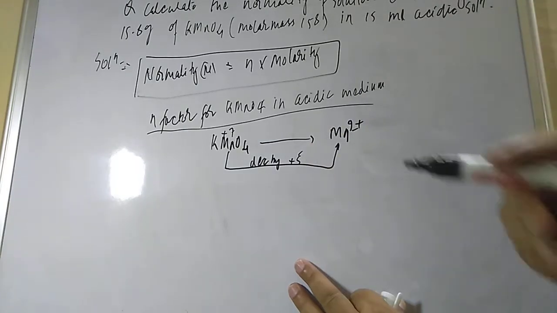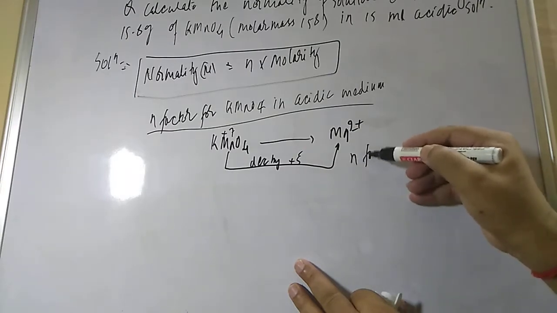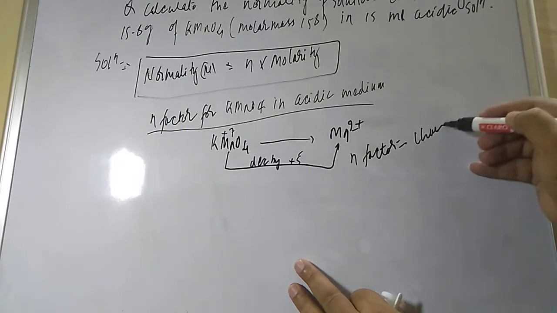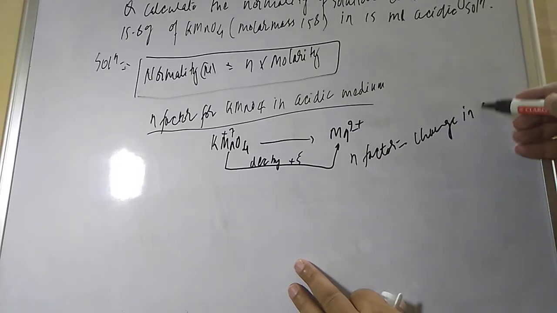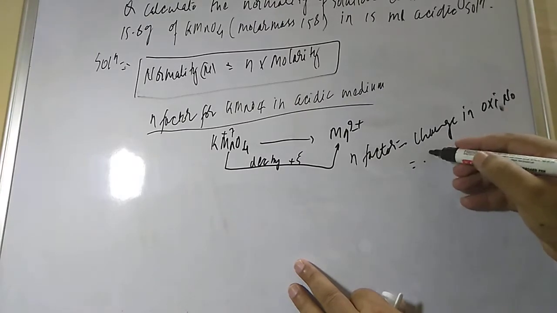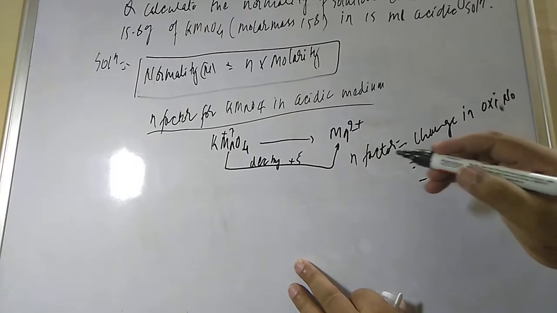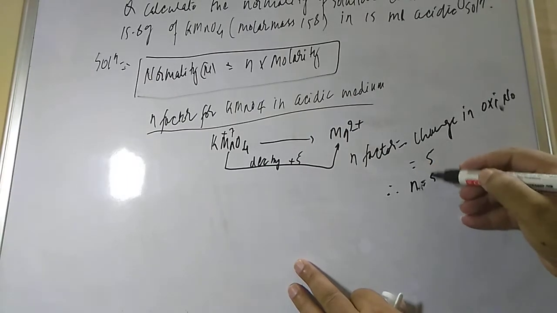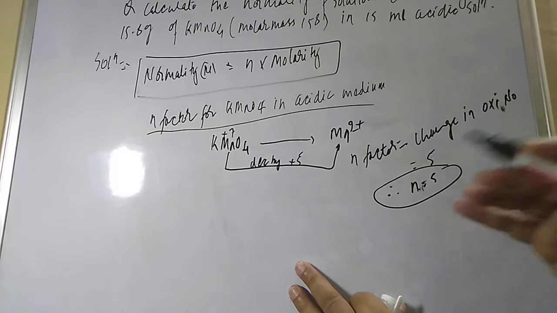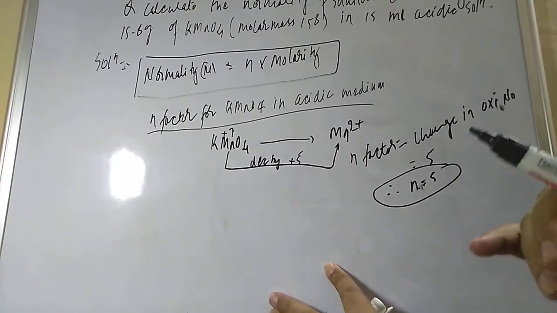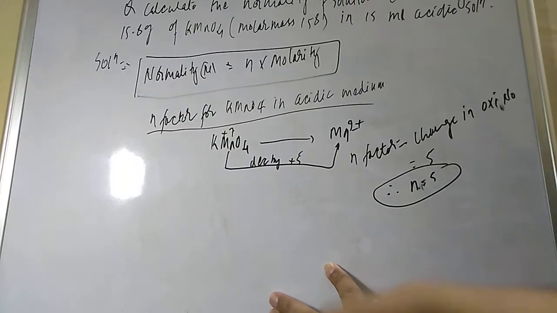The n factor is equal to the change in oxidation number, which is 5. So n equals 5. This information we got. Now what do we have to calculate, student? Molarity also. So let us calculate.